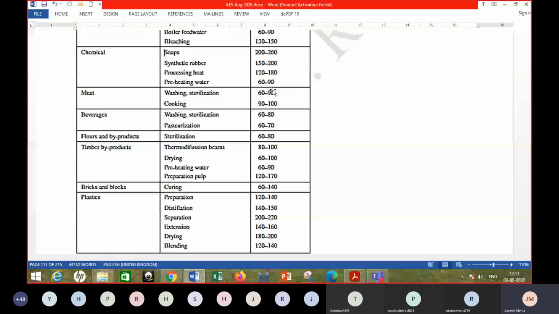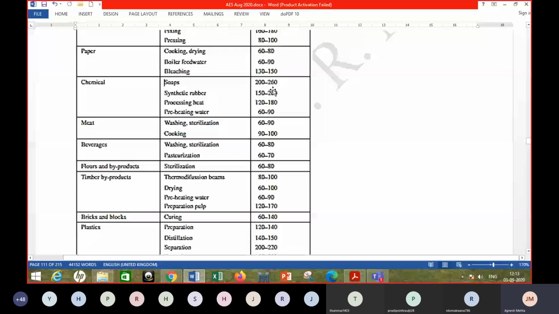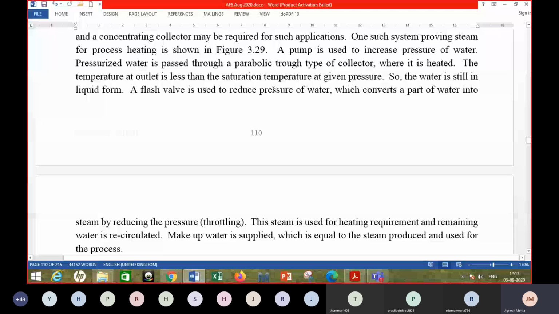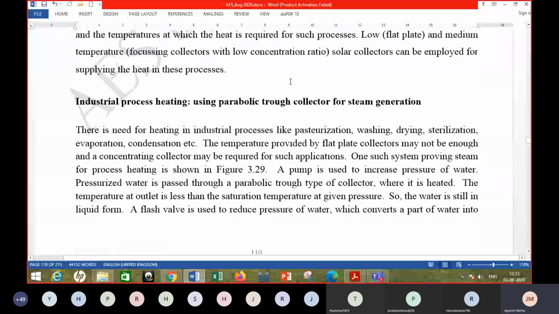Many of these can be served without a very high concentration ratio. Lower concentration ratio collectors are less complicated and the initial cost is low. So such solar collectors can be used for these purposes.